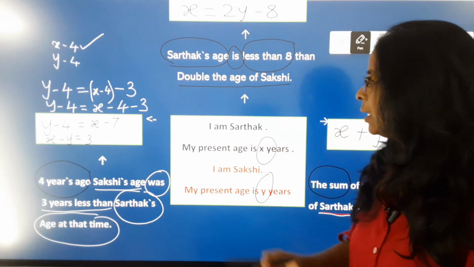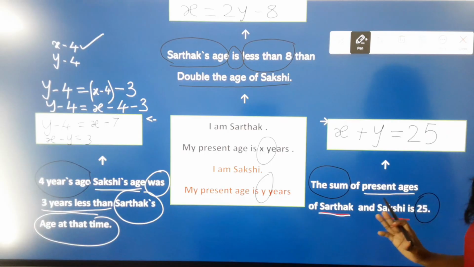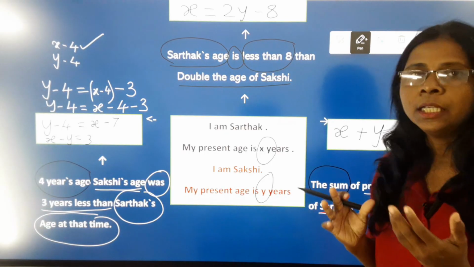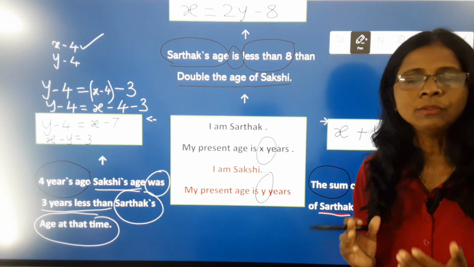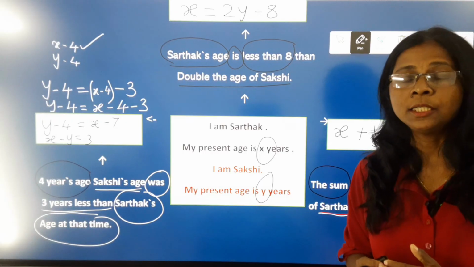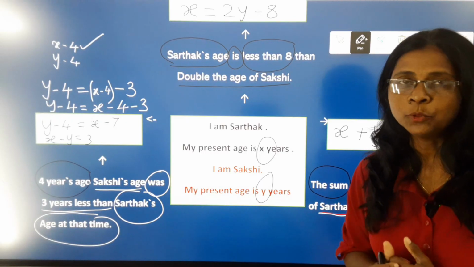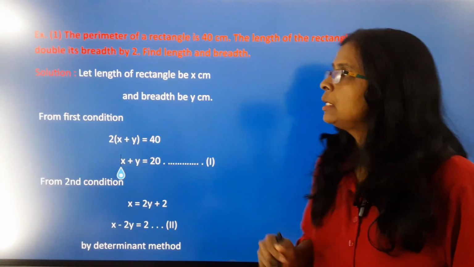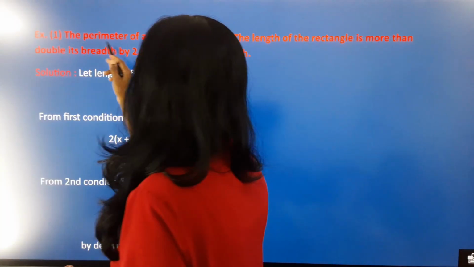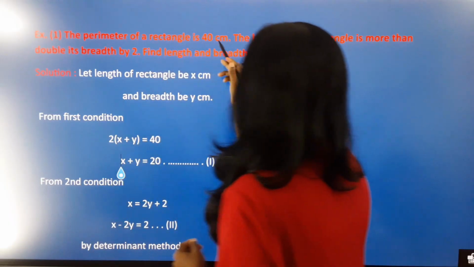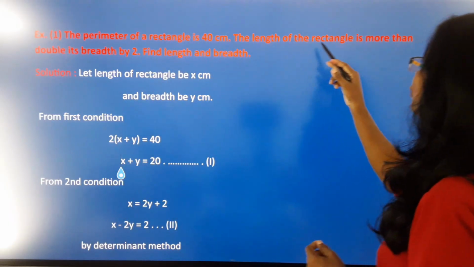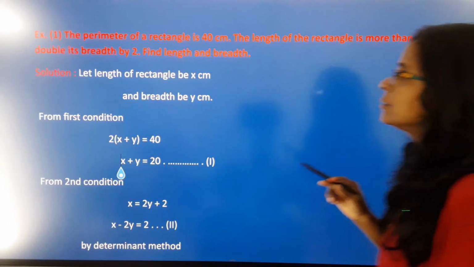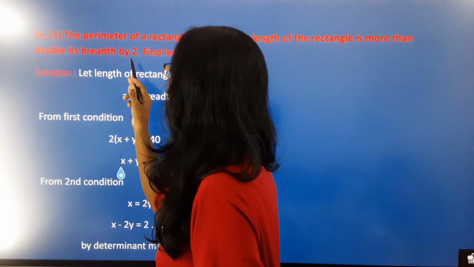So this way, by the given conditions, we can form the equations, and it is very useful for this topic. Next example: the perimeter of a rectangle is 40 centimeters. The length of the rectangle is more than double the breadth by 2.